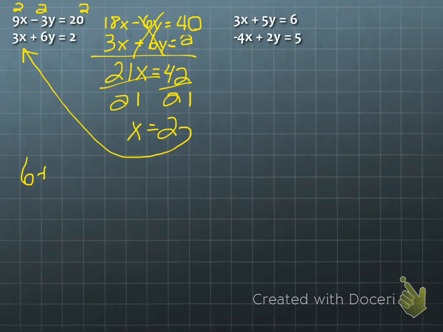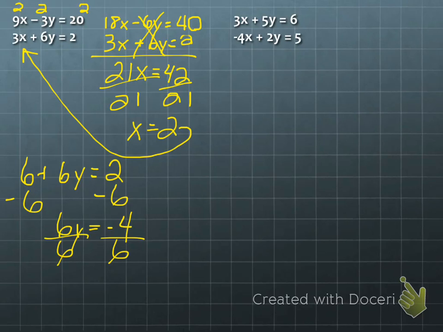So you get 6 plus 6y equals 2. Subtract 6. 6y is equal to negative 4. Divide by 6, divide by 6. So y is equal to negative 2/3. My ordered pair then is 2, negative 2/3.